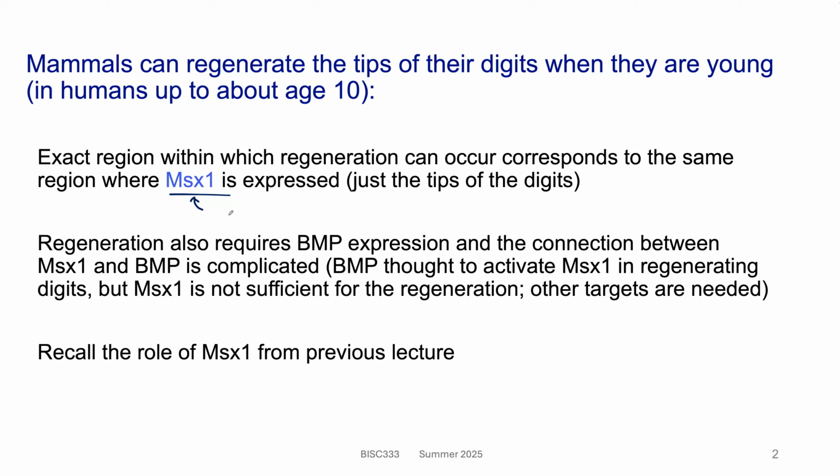And so it's possible that BMP allows for regeneration not just through MSX1, but that there are additional targets needed for that. But MSX1 is playing a role, and if you remind yourself what it does in regenerating limbs, that will tell you what the exact role of MSX1 would be in a process like this, even in mammals that don't normally have the ability to regenerate their limbs.